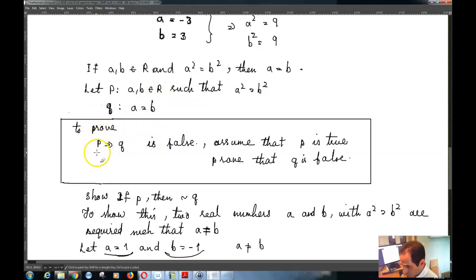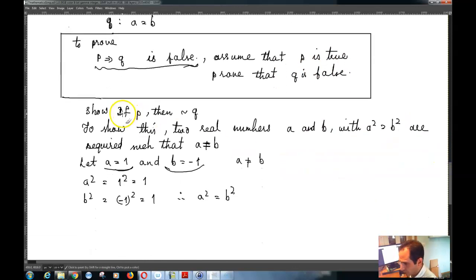In order to prove that P then Q is false, you need to assume that P is true, and then prove that Q is false. You want to show if P then not Q, the same thing that we have said here.